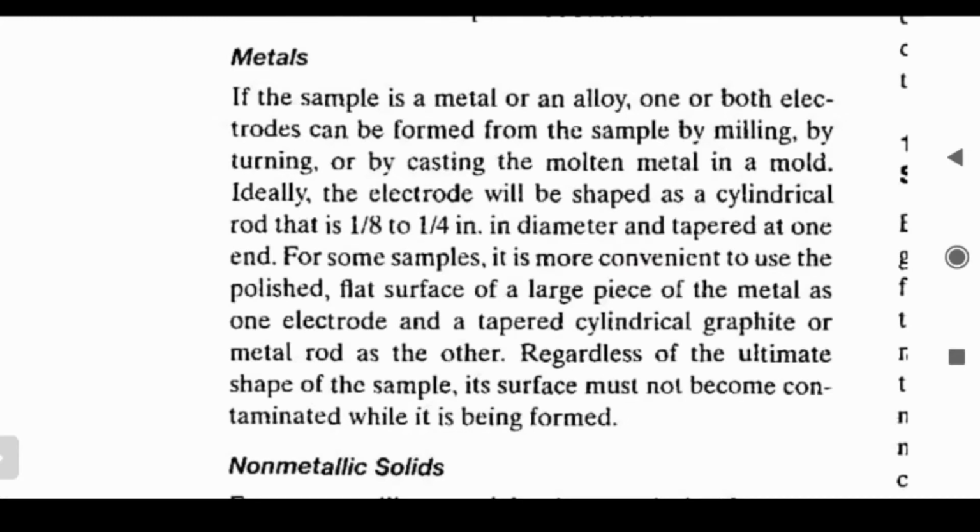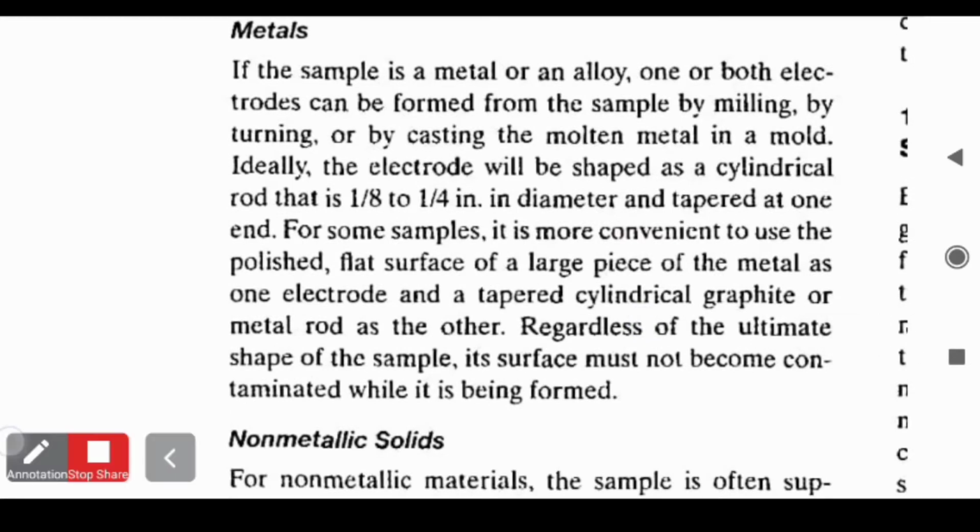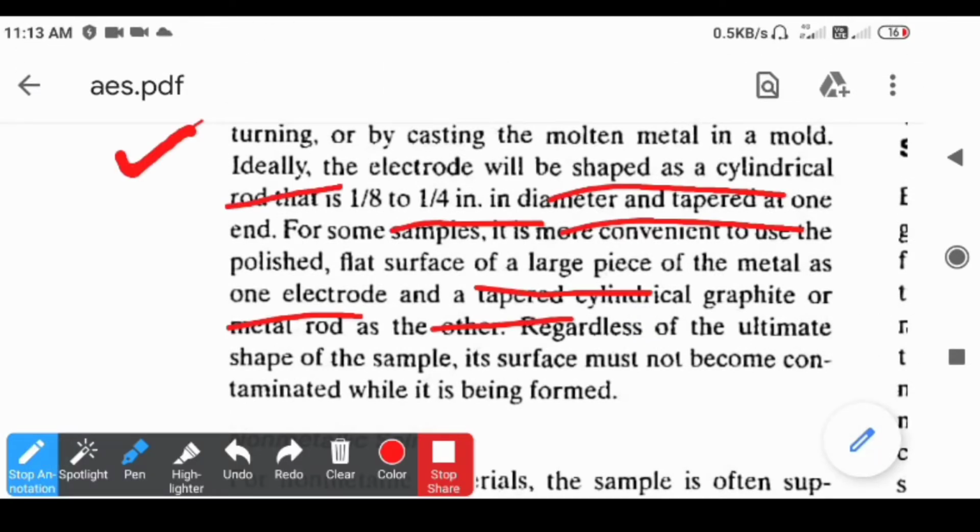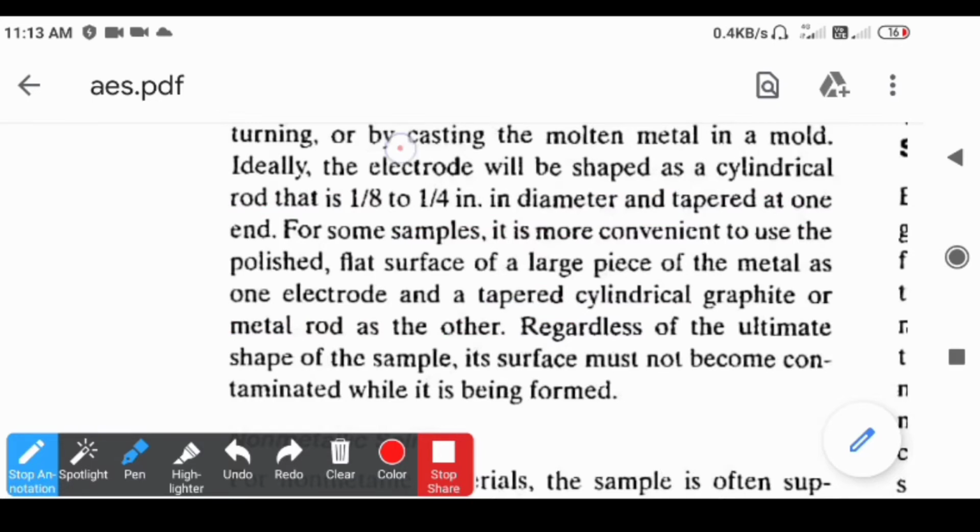So there are two types of processes. One is if we want to form the metal electrode of that particular element, we may use three processes: milling, turning and casting. These are the three processes that can be used for the one method.